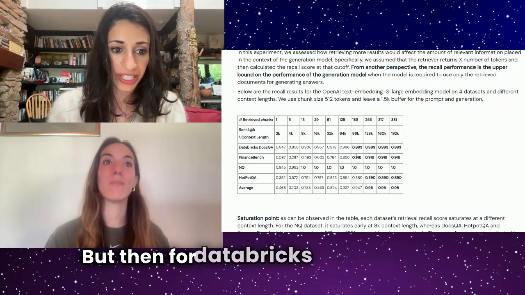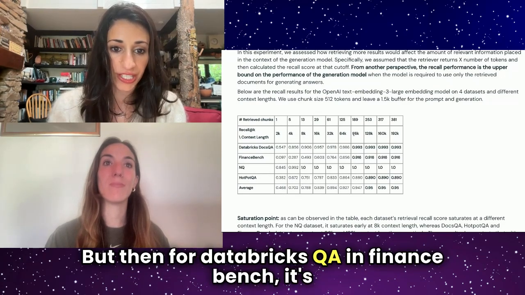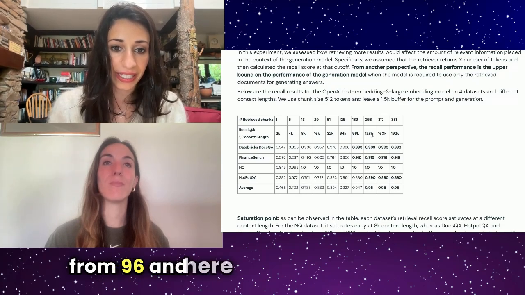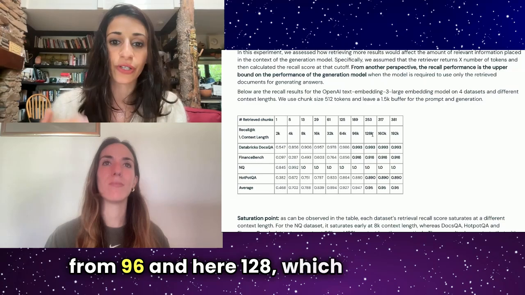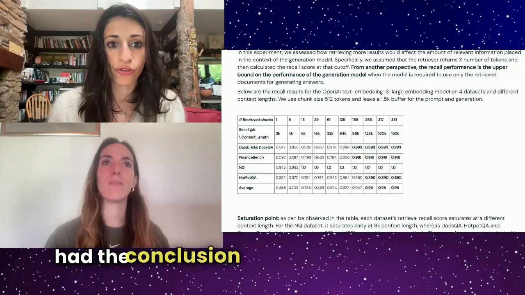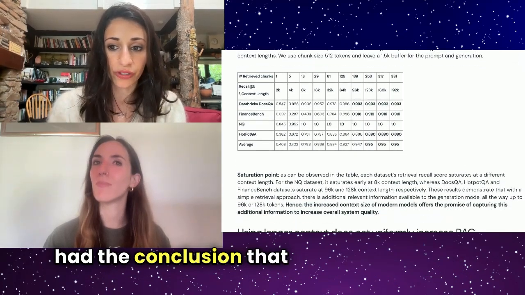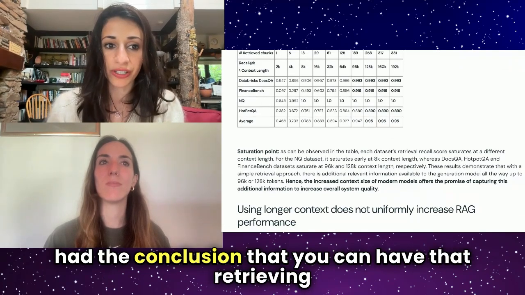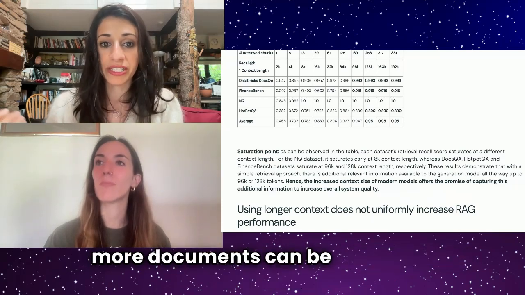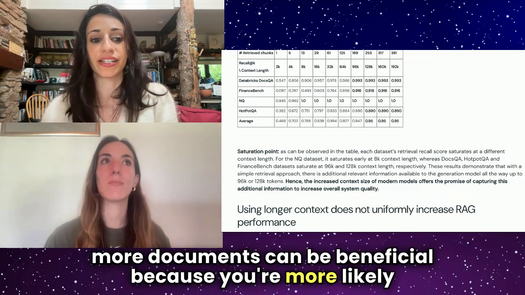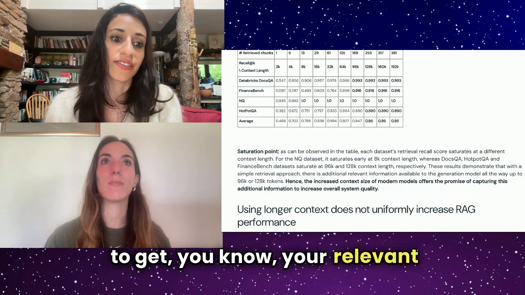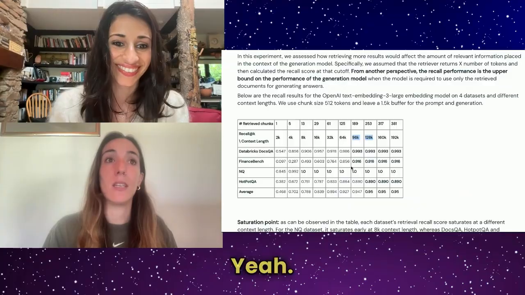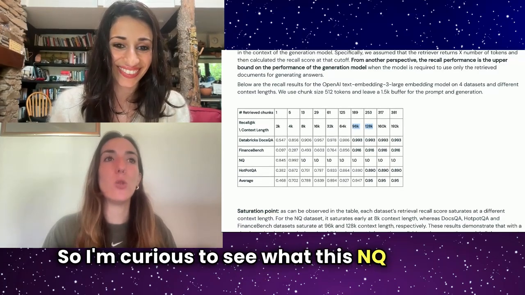But then for Databricks Doc QA and Finance Bench, it's from 96 and here 128, which is why they concluded that retrieving more documents can be beneficial because you're more likely to get your relevant documents.